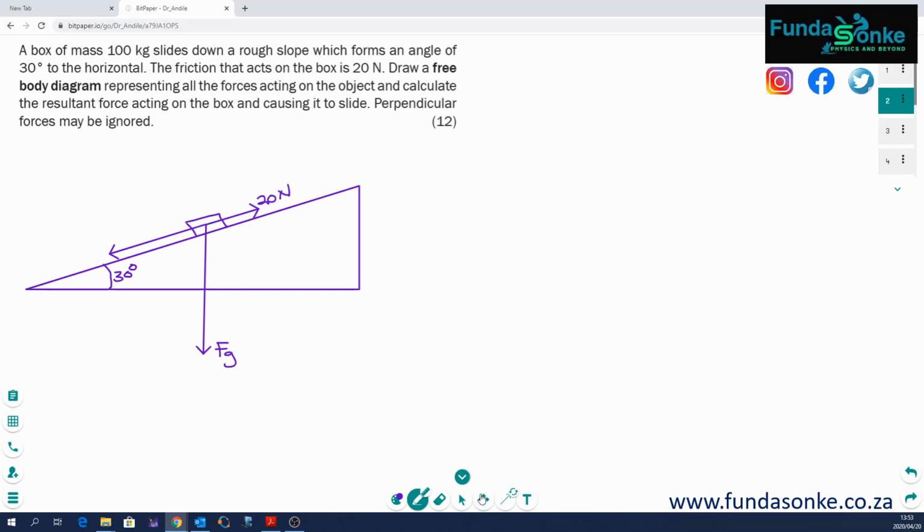Okay, now since this box is on a surface, it has got a normal force acting perpendicular to the surface.